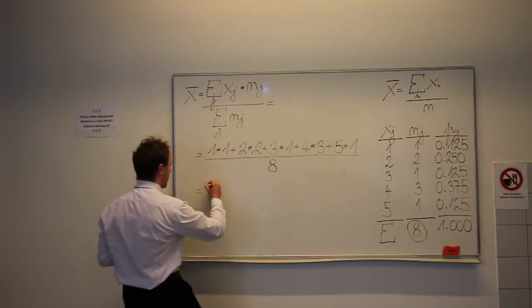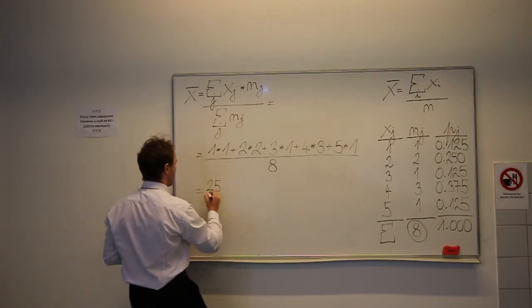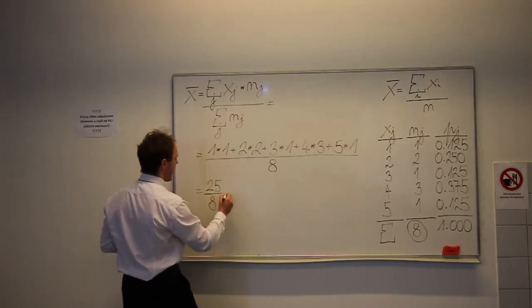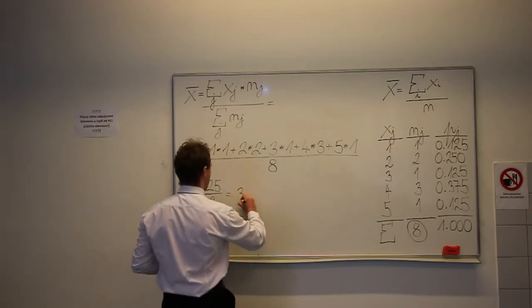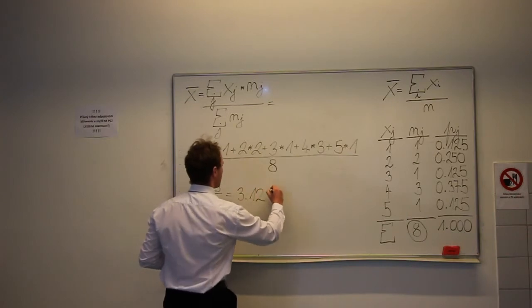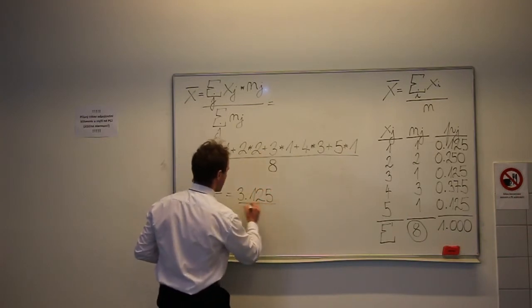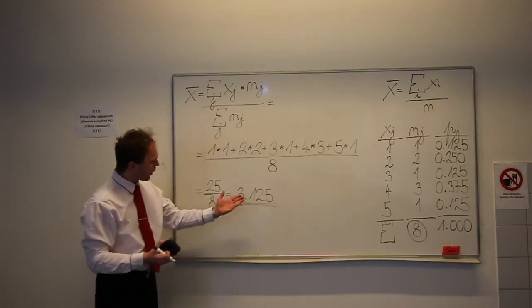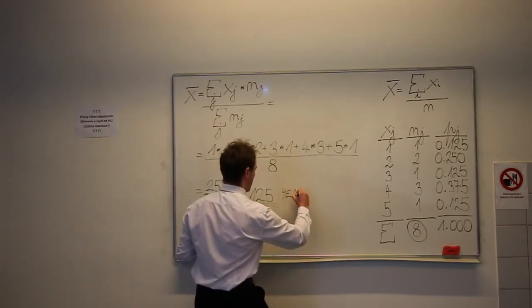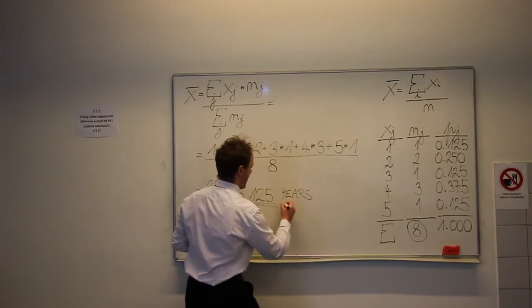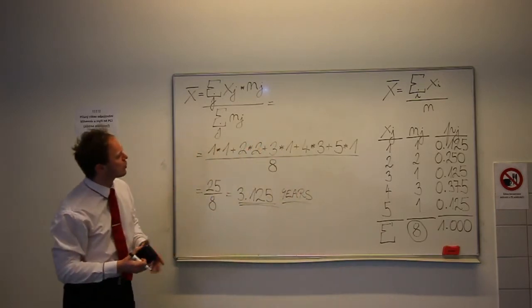Yes? So the numerator is still the same, 25, divided by 8, and the mean, the average, must be equal to 3.125. Yes? 3.125 years. Yes, in years. It's measured in years.